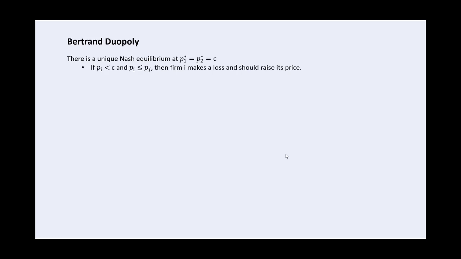Let's look at the case where firm 1 charges a price smaller than its marginal cost. Then firm 1 is making a loss and would want to raise its price. So it raises above marginal cost and below the other firm's price. However, in this case, we've seen in the previous slide that all the consumers go to firm i, and firm j is getting 0 profit.